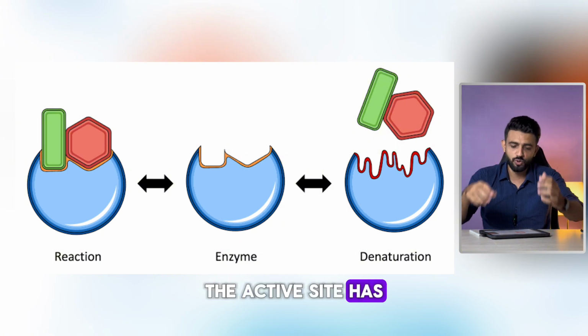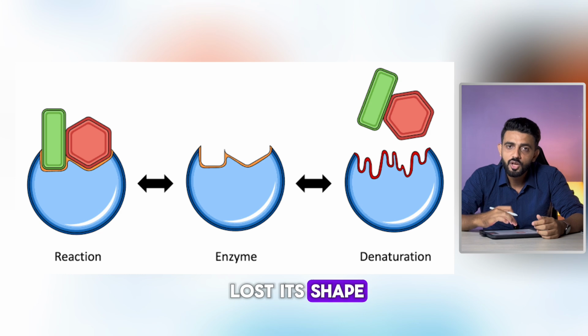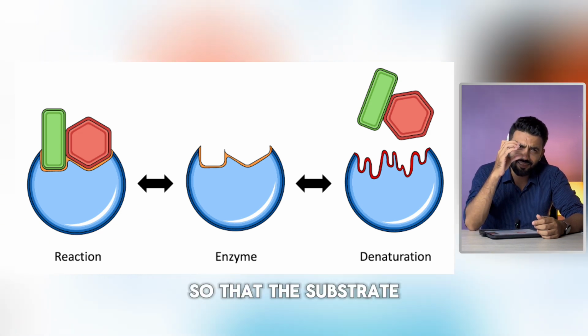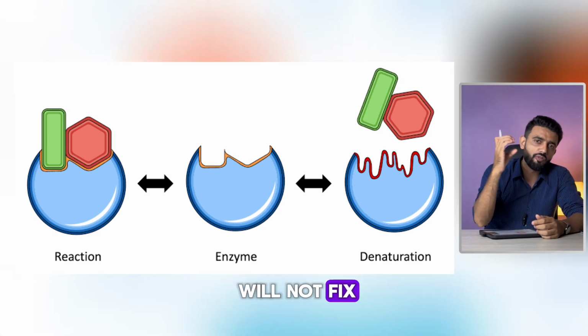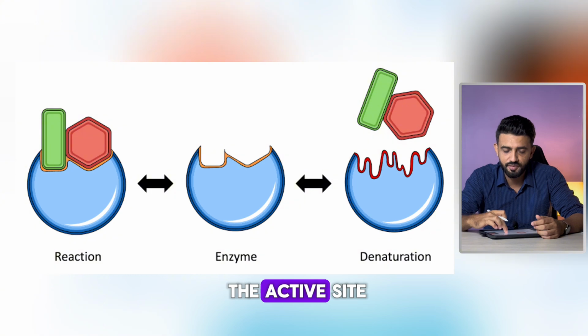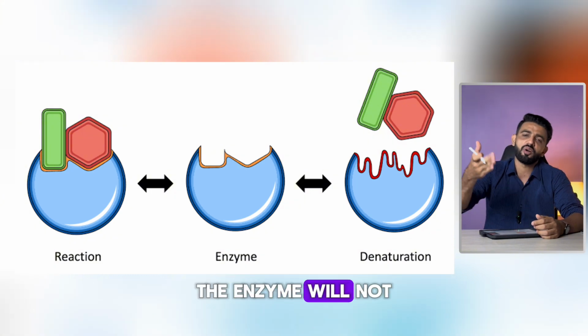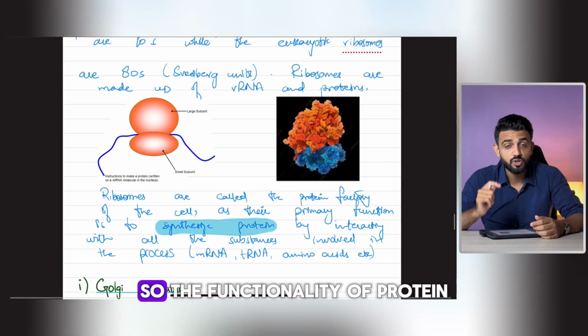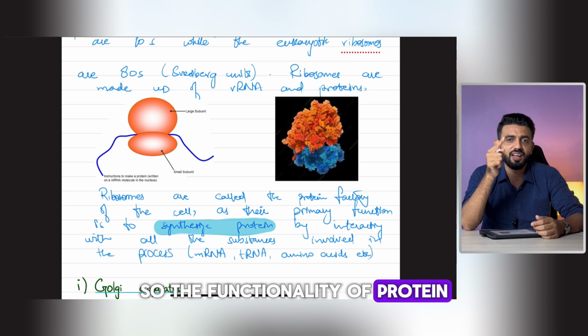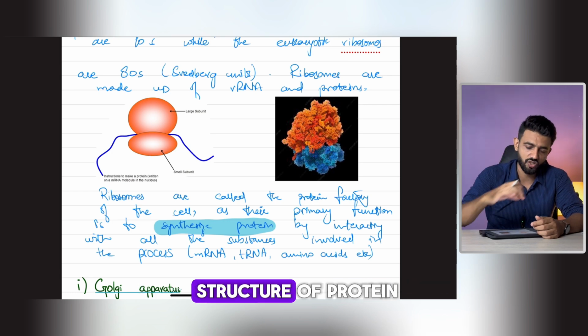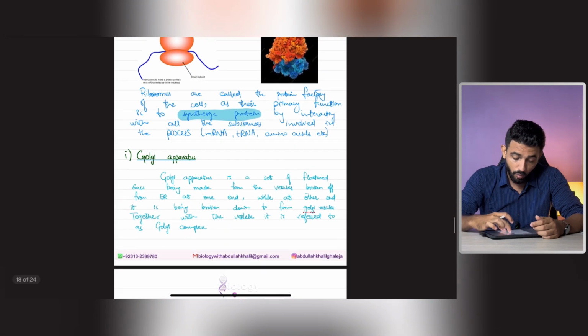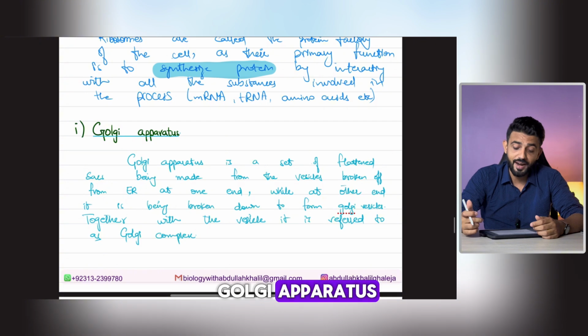The active site has lost its shape. So the substrate will not fit into the active site. Hence, the enzyme will not be able to perform its function. So the functionality of protein depends upon the 3D structure of protein. Moving forward, we have Golgi apparatus.